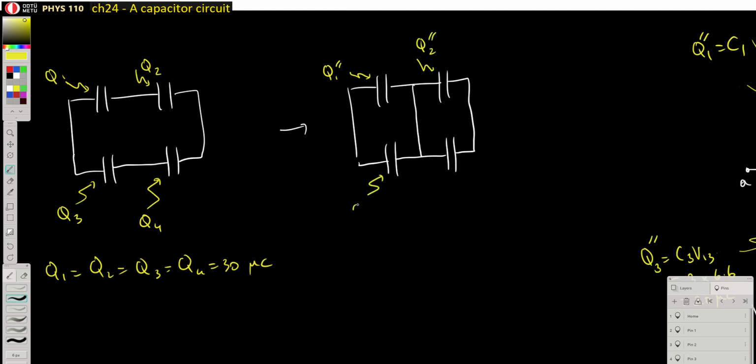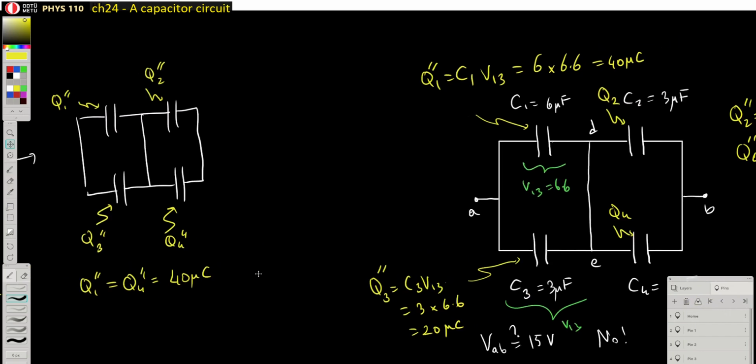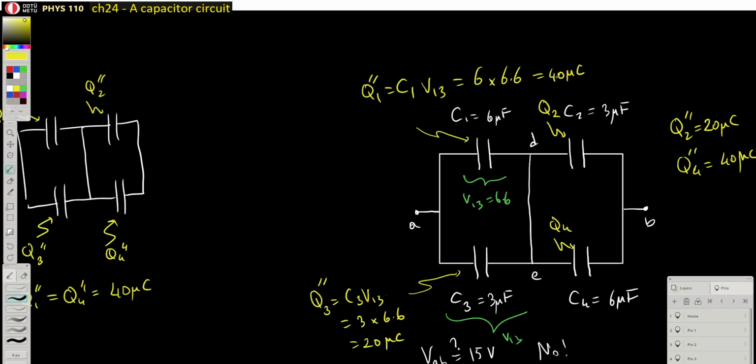So these have new values now. That's Q3 double prime, and this is Q4 double prime. I think I have just found that Q1 double prime and Q4 double prime are the same. So these are 40 microcoulombs. Okay.